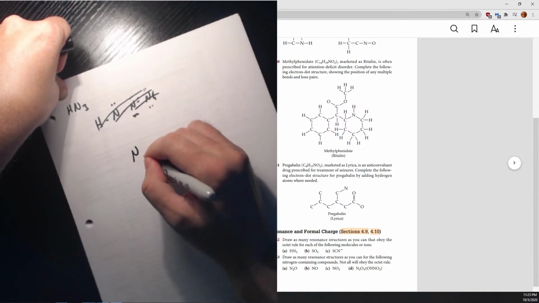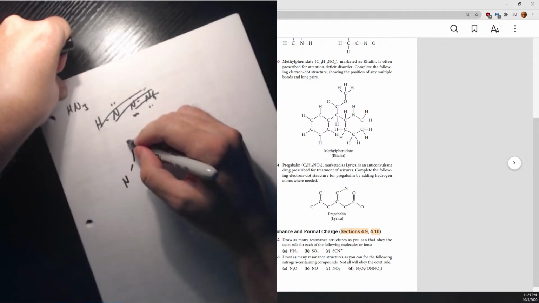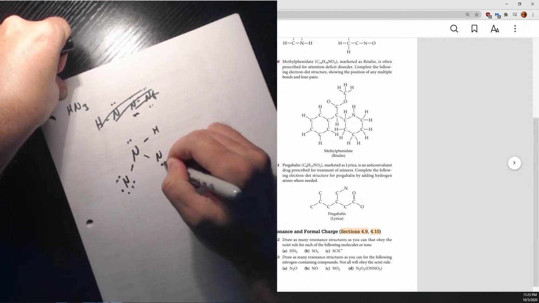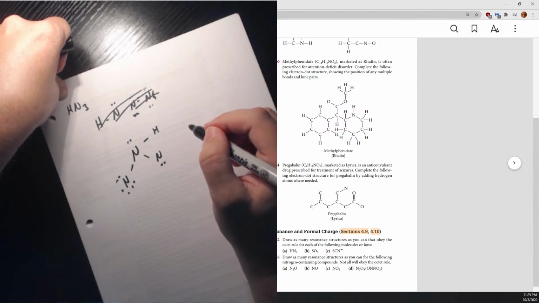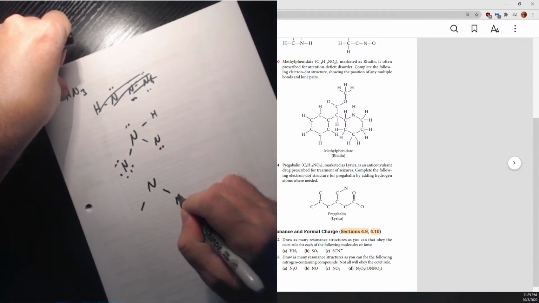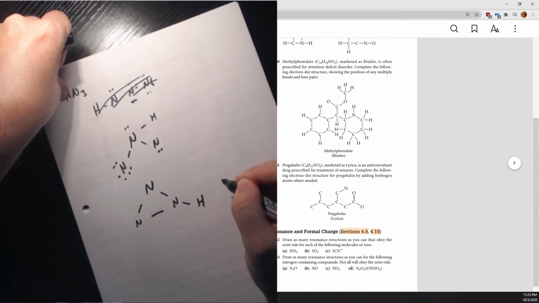Let's see, N, H, maybe? 2, 4, 6, 8, 10, 12, 14, 16. No, that ain't going to work either. HN3, that is weird. Maybe the only way to do this is to make it a ring with a hydrogen coming off one corner.